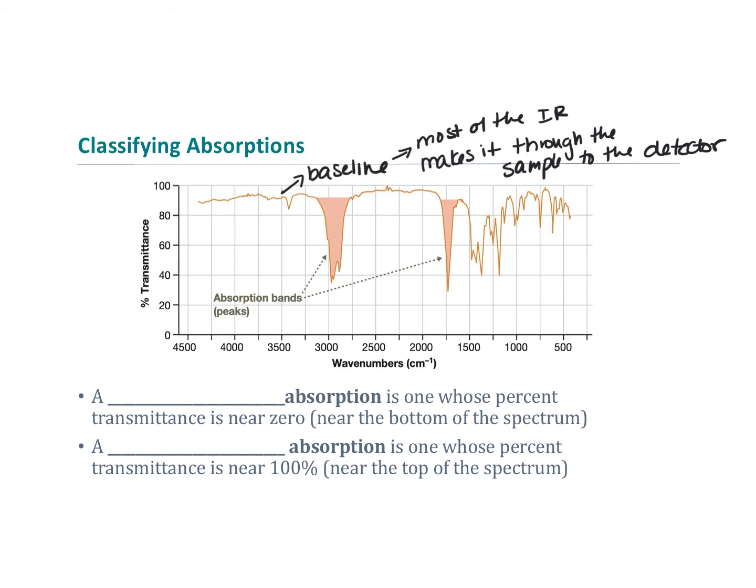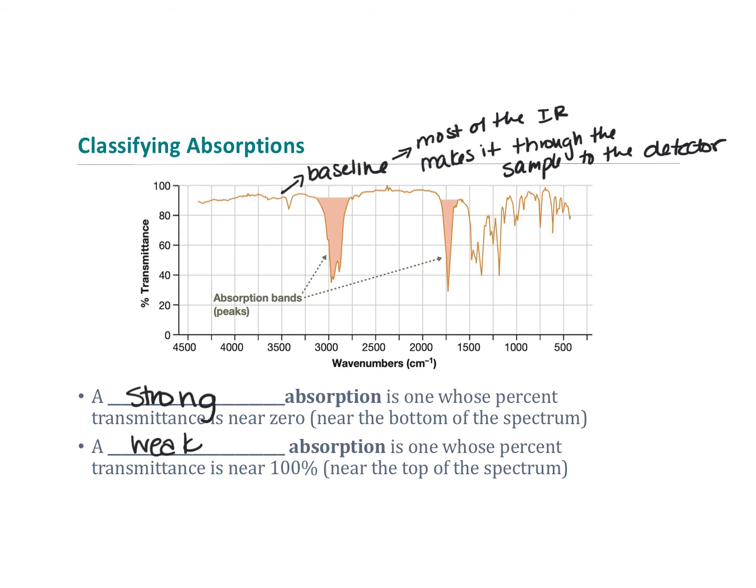Now, a strong absorption is one whose, as we mentioned, percent transmittance is near 0, which is going to be near the bottom of the spectra here. And so you also have a weak absorption, and these are going to be where transmittance is near 100%, which is near the top of the spectra.